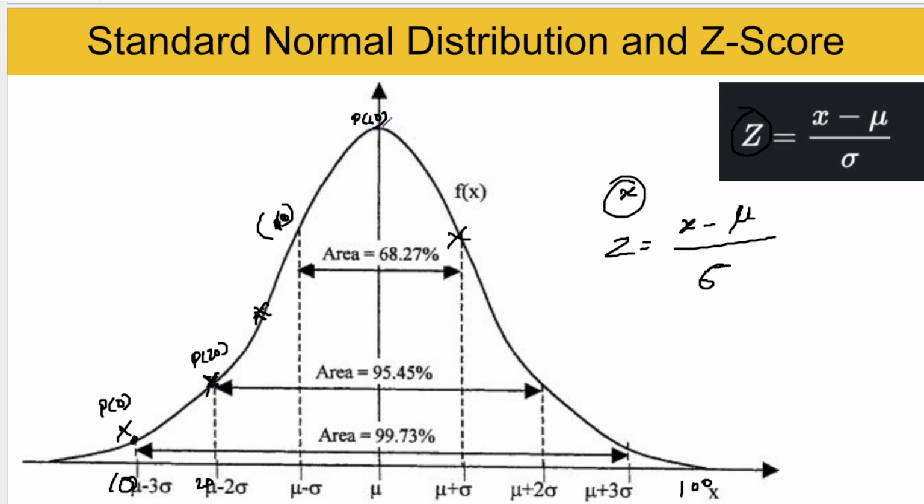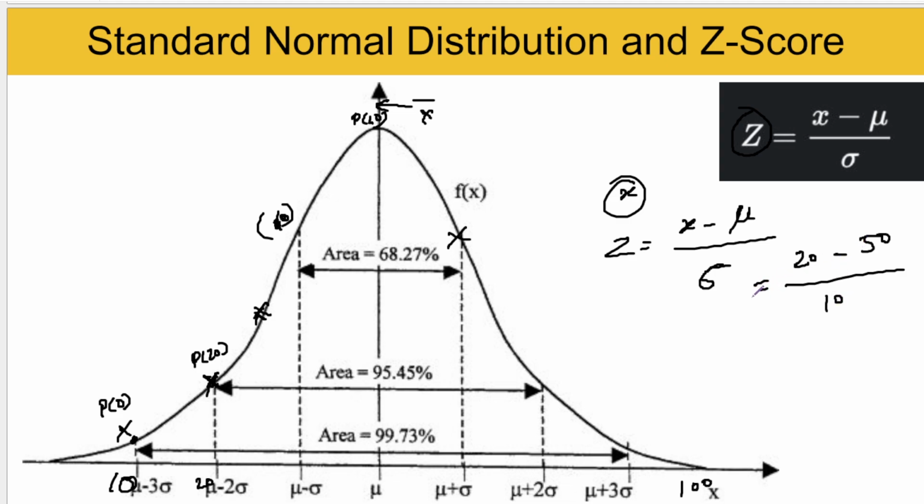From my population, the sample mean, which is x bar, is residing here. How many standard deviations away is it? How can I calculate it? Suppose my age is 20, my mu is 50, my standard deviation is 10.